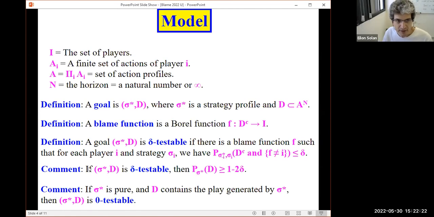If we look at the first comment, we see that if the goal is delta testable, then even if everyone is honest, with small probability, we do not reach D. So in that case, indeed, we will blame an innocent player. Everyone followed sigma star, yet we did not reach D. But this happens with a small probability.